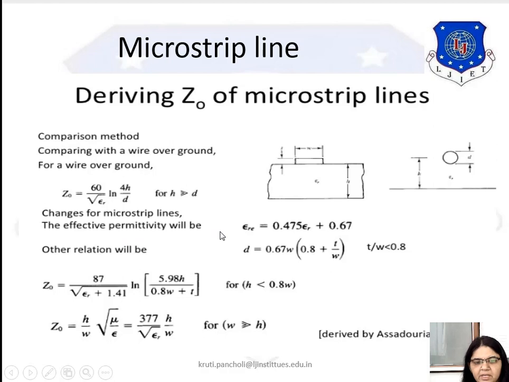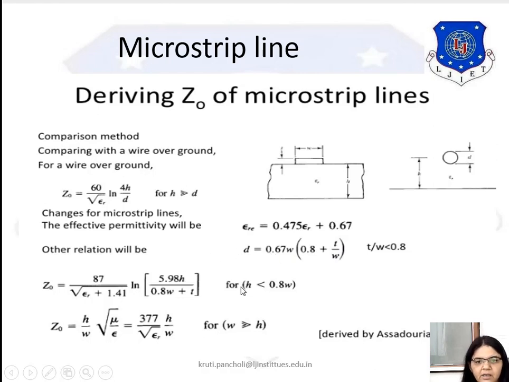The effective permittivity epsilon re is equal to 0.475 epsilon r plus 0.67. So epsilon r is given to you, and from this you can find the effective permittivity. The diameter d can be found using this: it is 0.67 w times (0.8 plus t upon w).